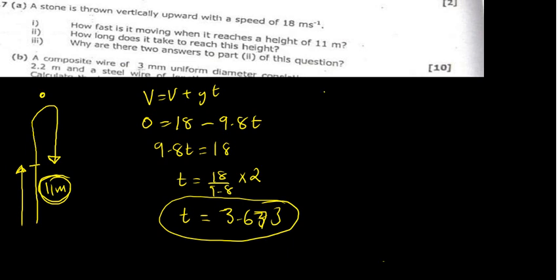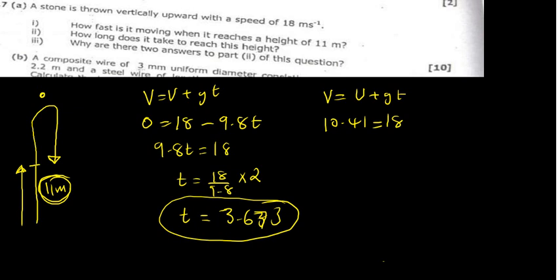We can say v is equal to u plus gt. Find the velocity to reach 11 meters. In the previous question, we calculated how fast, just on the first part, to reach 11 meters. We already calculated that as 10.41. And that is going to be equal to the initial velocity, that is 18.